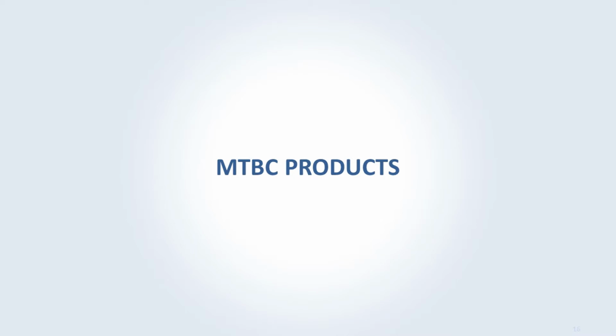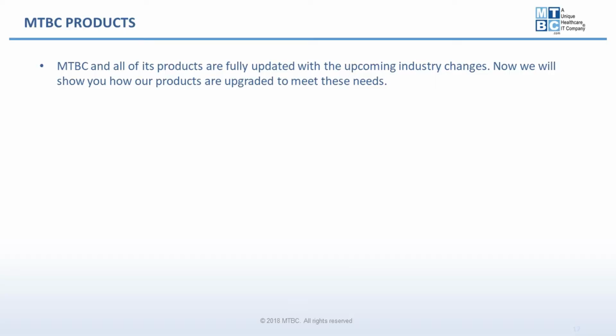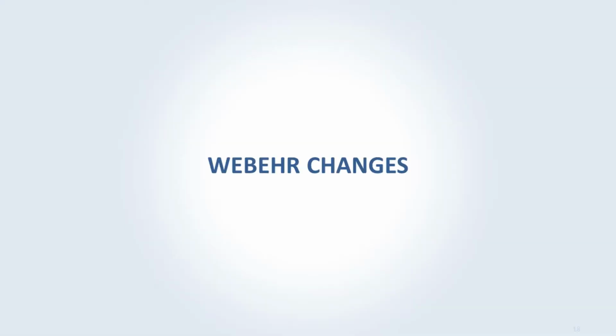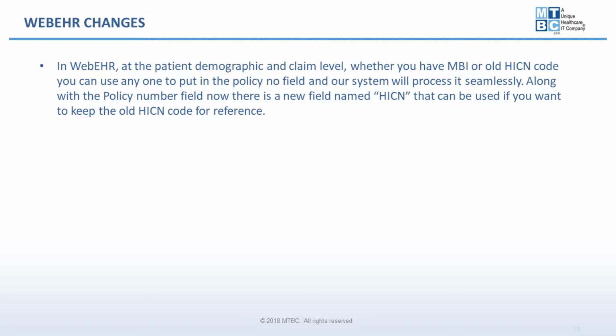MTBC products. MTBC and all of its products are fully updated with the upcoming industry changes. Now we will show you how our products are upgraded to meet these needs. WebEHR changes. In WebEHR, at the patient demographics and claim level, whether you have the MBI or the old HICN code, you can use either one in the policy number field, and our system will process it seamlessly.